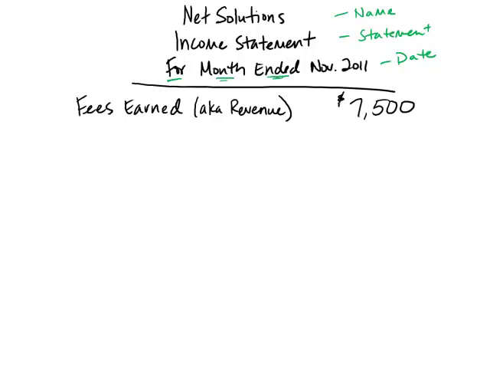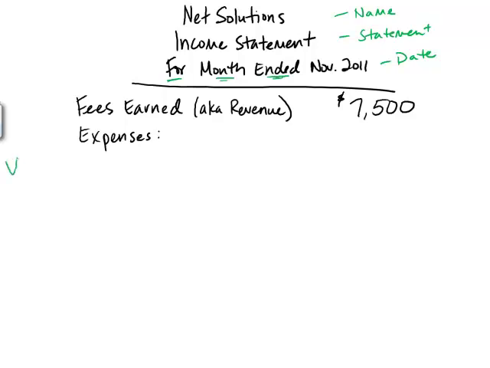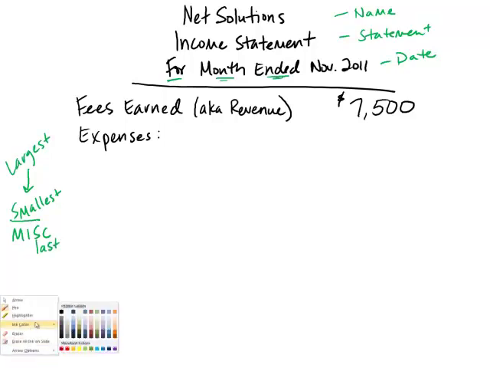He made that one sale back in transaction D. Then we can list our expenses. We're going to list them largest to smallest, and miscellaneous is always last. Okay, so largest to smallest with miscellaneous always being last.